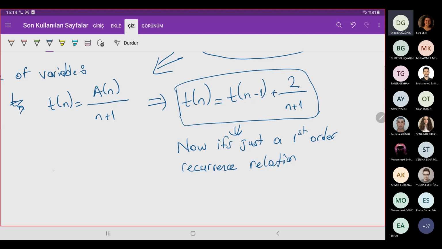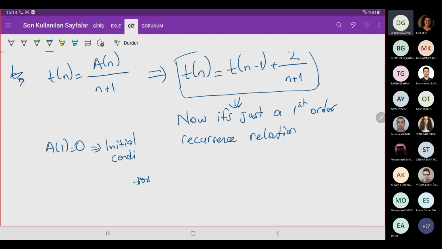A1 is 0, initial conditions. And T0 is equal to a0 over 1, which is 0.